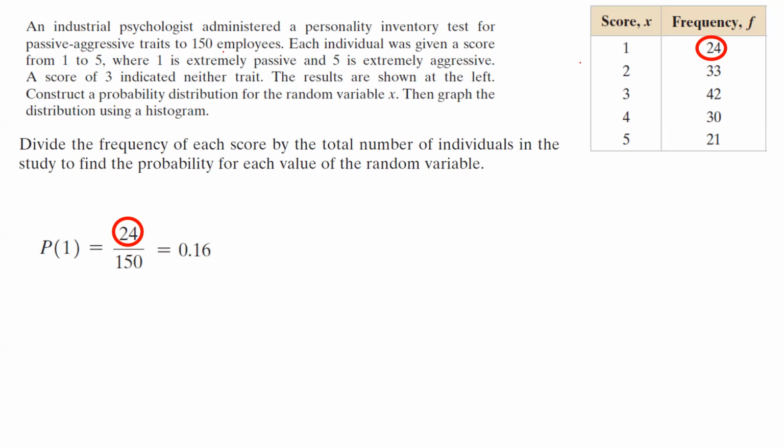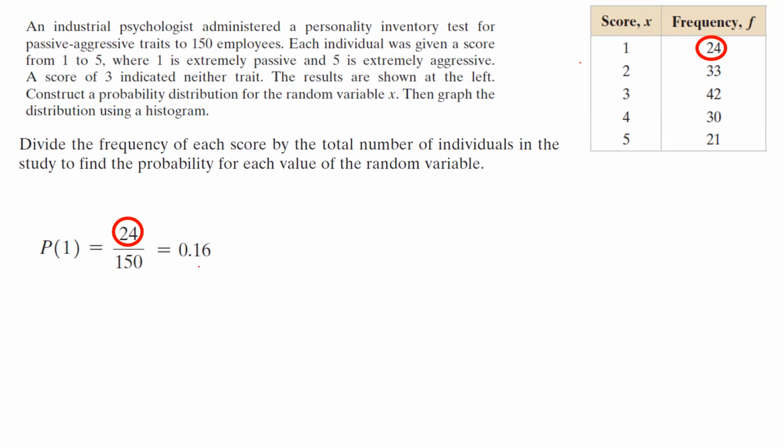It means that 16% of 150 employees got score 1. Remember that when we talked about relative frequency, it shows the amount relative to the rest of the entries or outcomes or data in your collection. So the probability of score 1 is 16%.